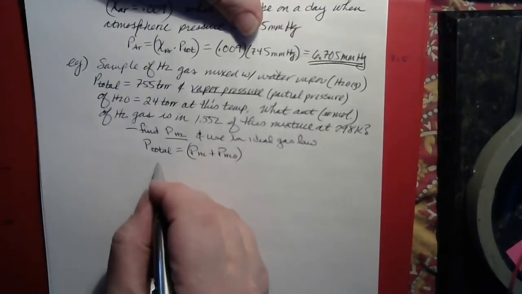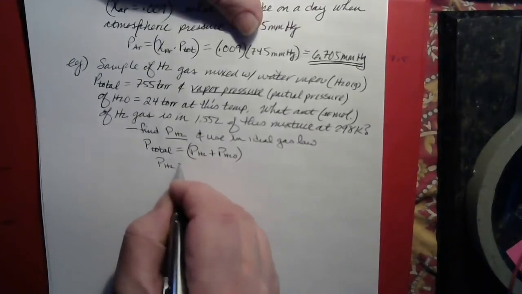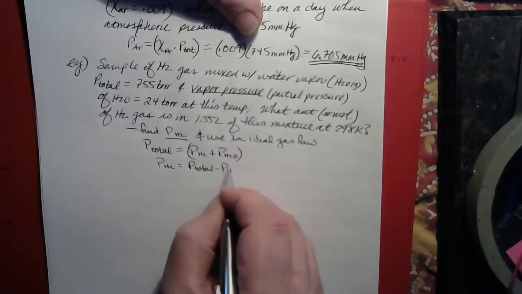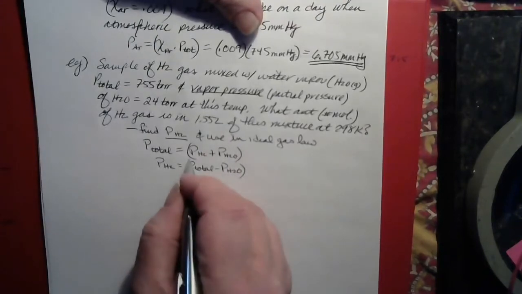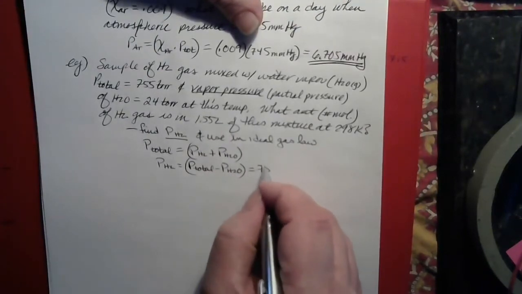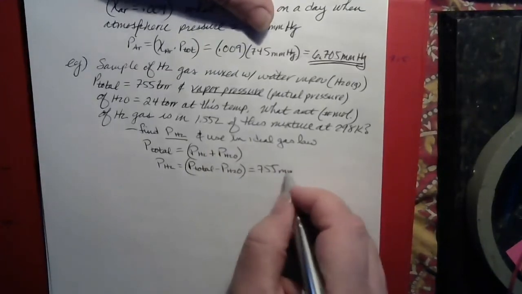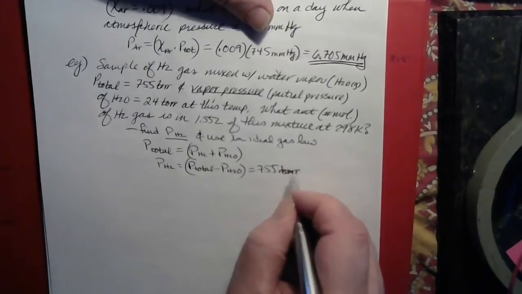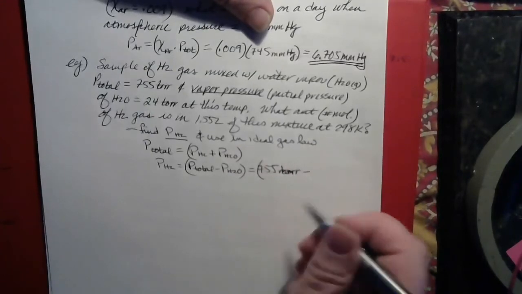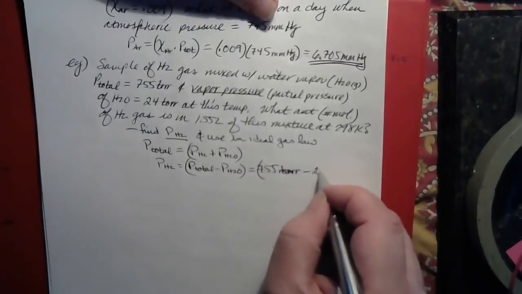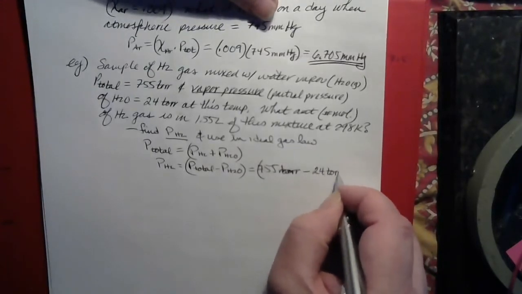Okay, so the pressure of just the hydrogen is going to be the total pressure minus the vapor pressure of the water, which is 755 torr. That is the same thing as millimeters of mercury, but they're calling it torr. Minus 24 torr.